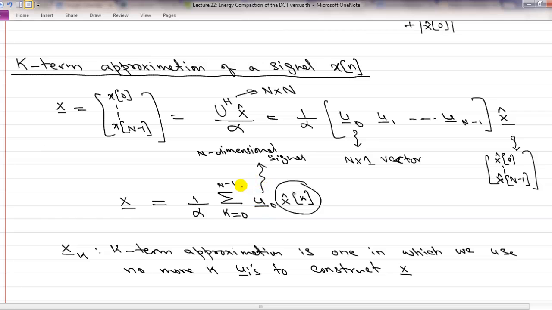So the idea is that instead of using n of these u's, you just use k of them. If you want the best approximation, you use the u's which correspond to the largest coefficients. Sorry, in this expression it should be u of k, not u of 0.